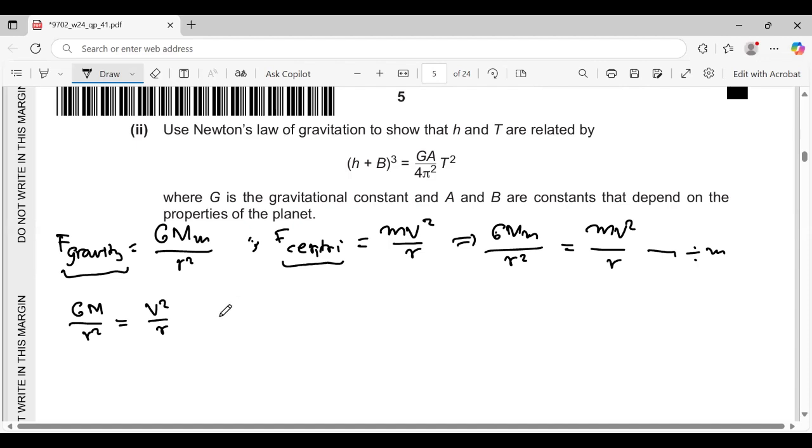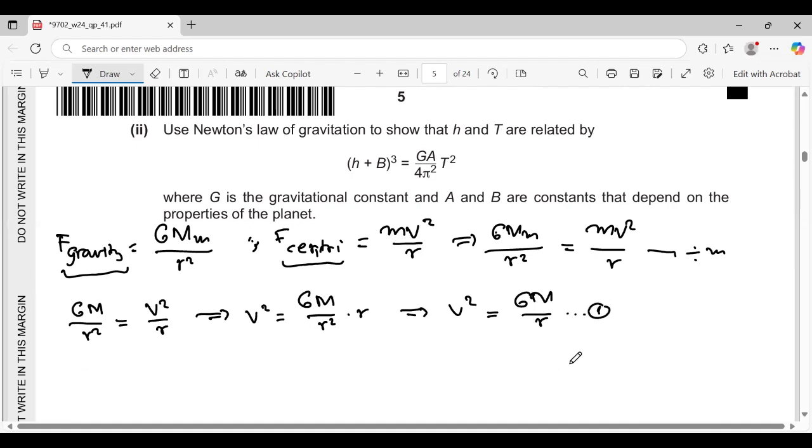And after that, we can write that v squared equal GM over r squared times r. So it's going to be v squared equal GM over r. This is the first equation.